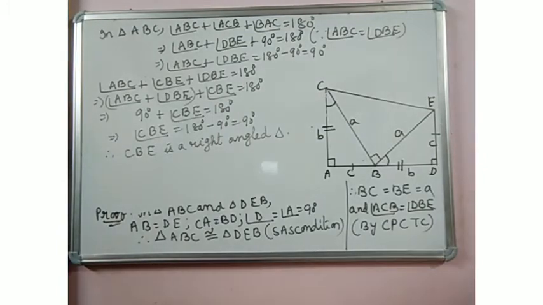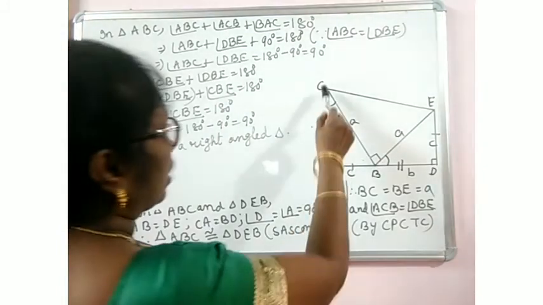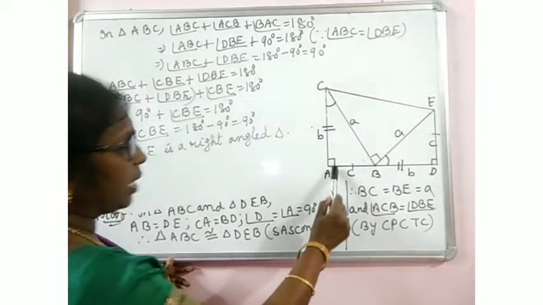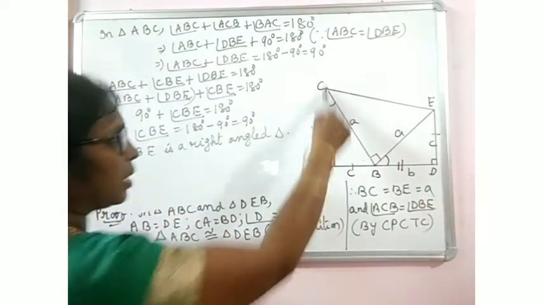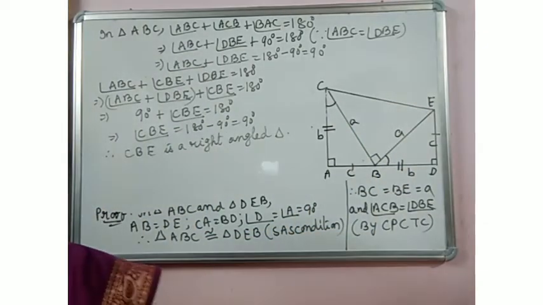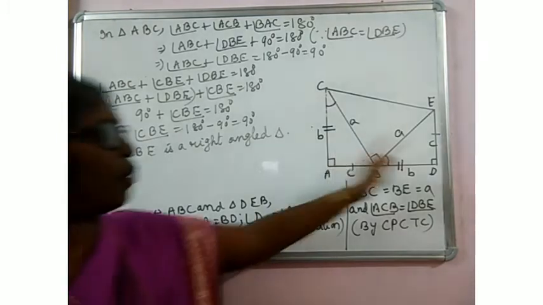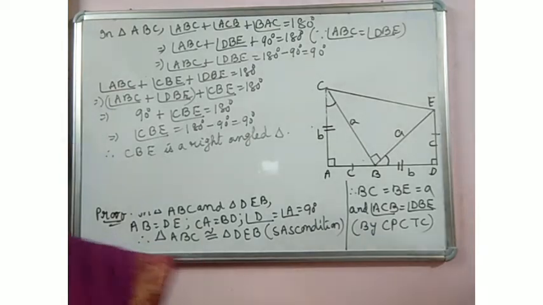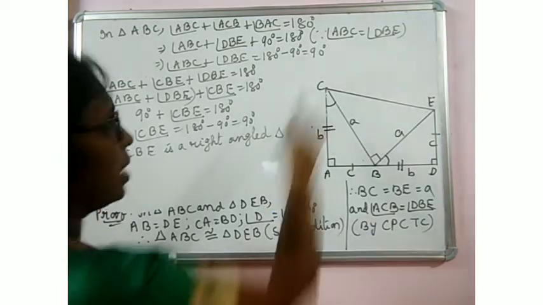Now, we can see quadrilateral CADE, we can see here 90, this is 90. That means CA is parallel to ED. If in a quadrilateral, one pair of opposite sides are parallel, then quadrilateral is a trapezium. Okay?